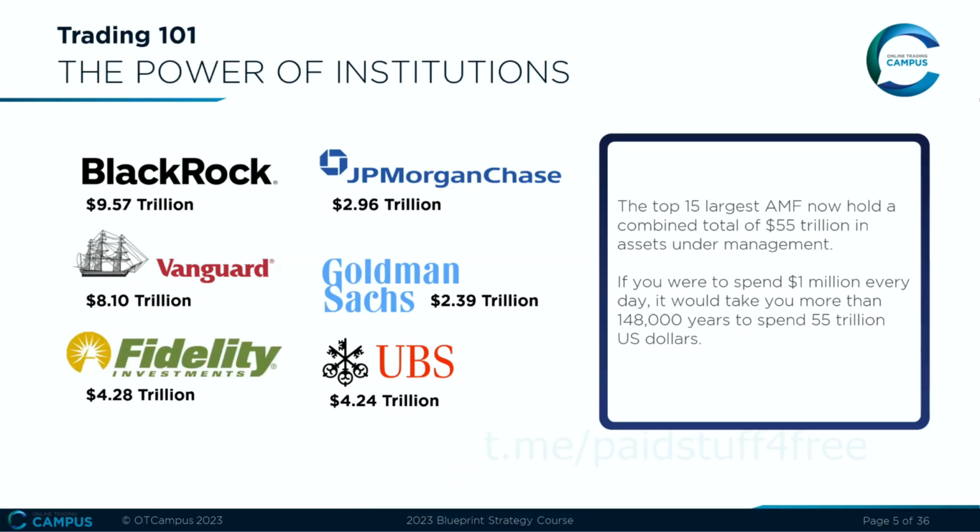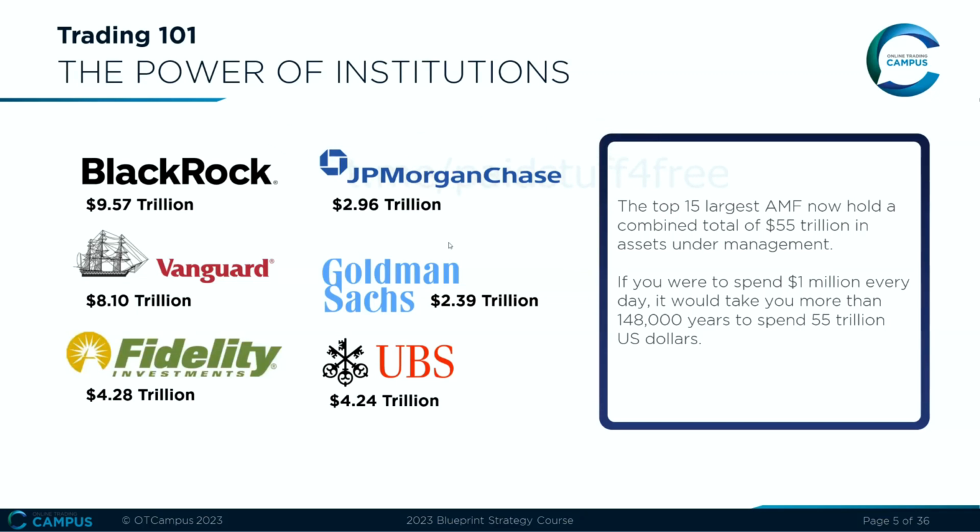If you look at the top 34 asset management firms, right? So if you had a ranking of 100 asset management firms and you would look at the top 34, then all of those asset management firms have at least 1 trillion US dollars of assets under management.